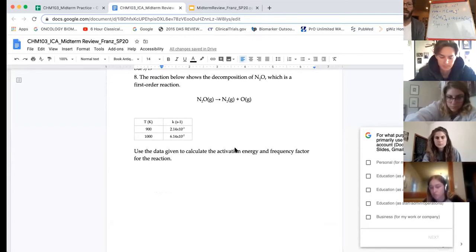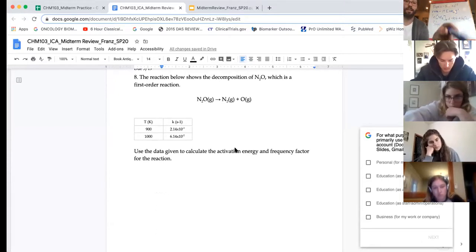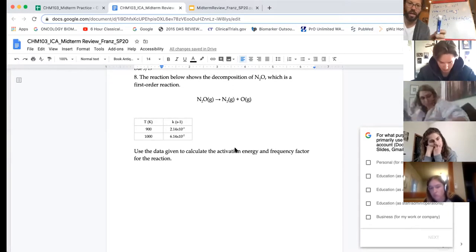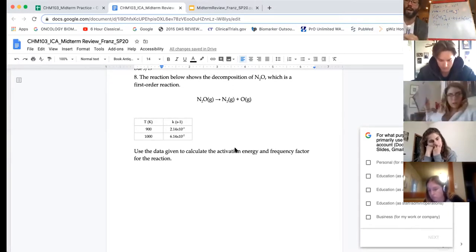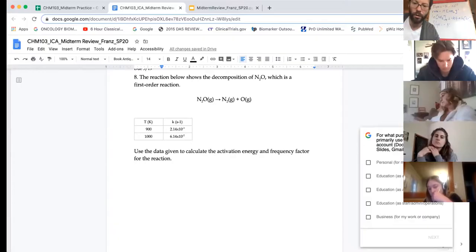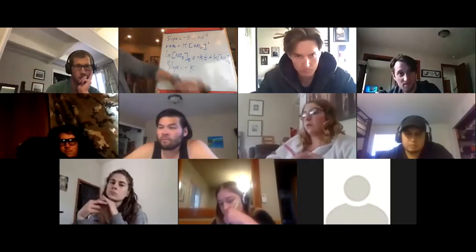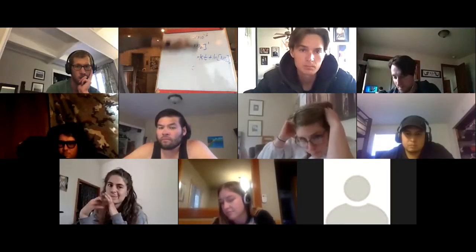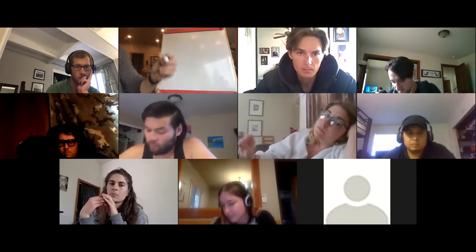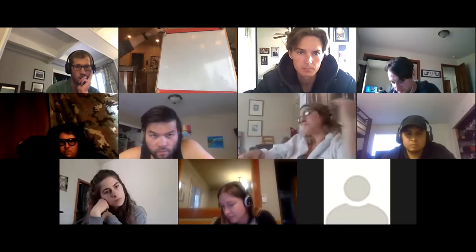We can just take these temperatures and these rate constants and arrange them in the Arrhenius equation to solve for activation energy. All right. So what do we know? We are given 2 temperatures and 2 K values.